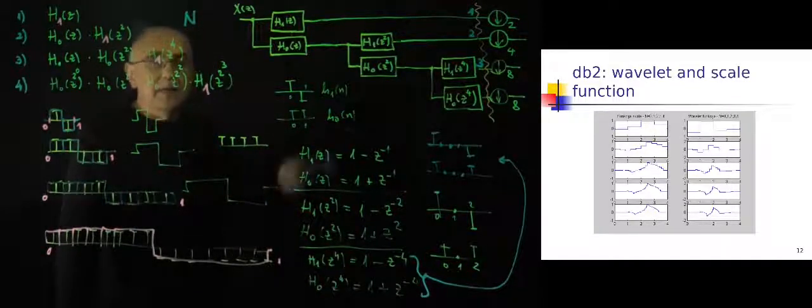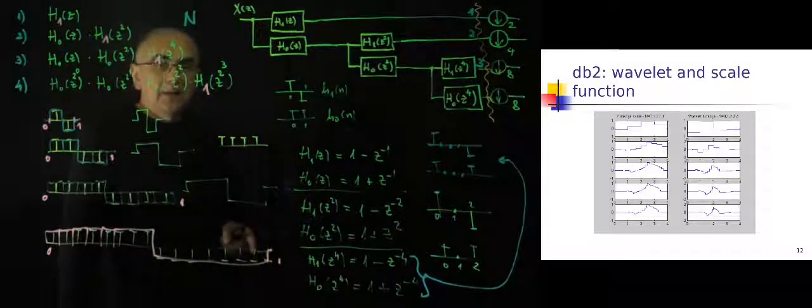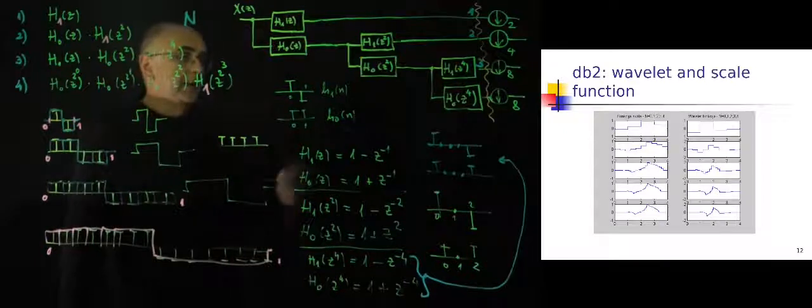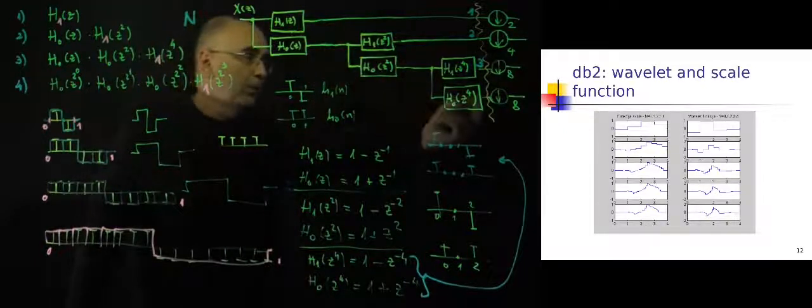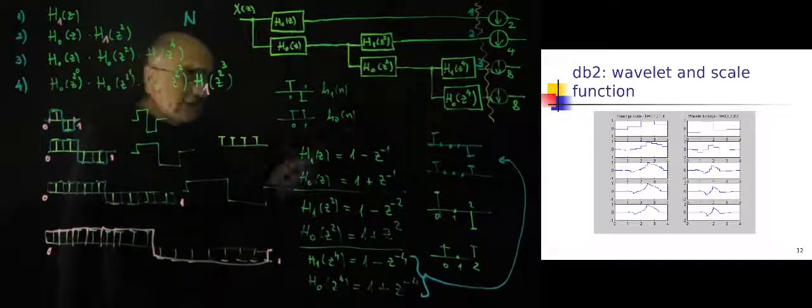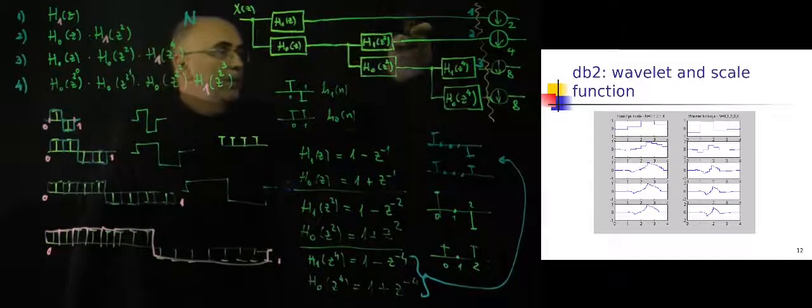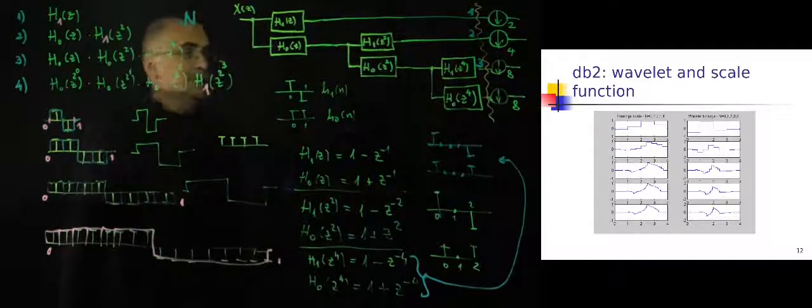On the left hand side, in the left hand column, we can see the scales, the outputs of the low pass filter, and on the right hand side you can see the wavelet functions, the outputs of the high pass filters.